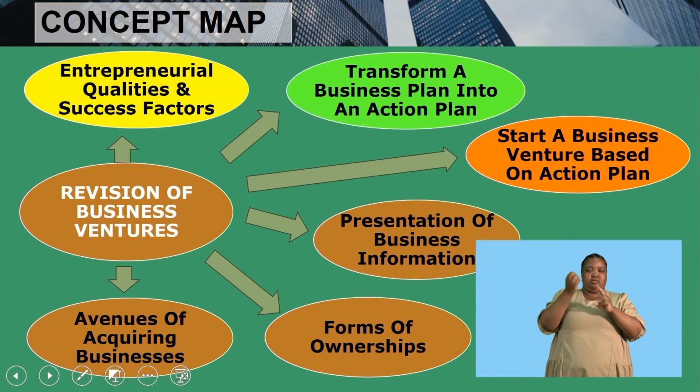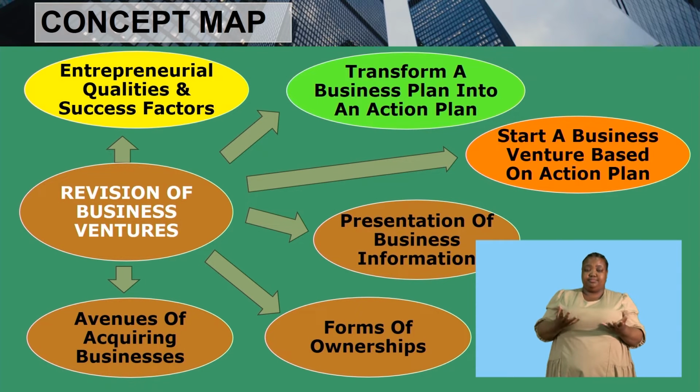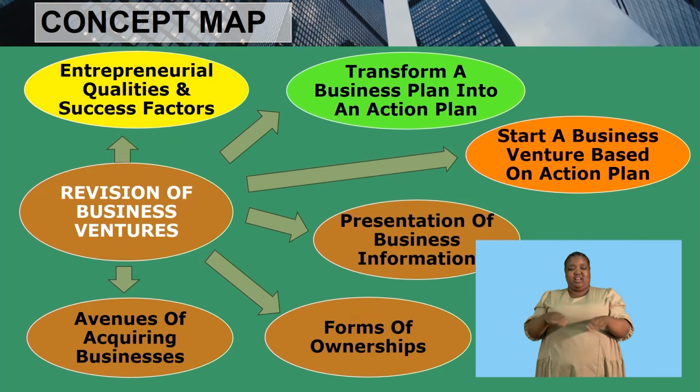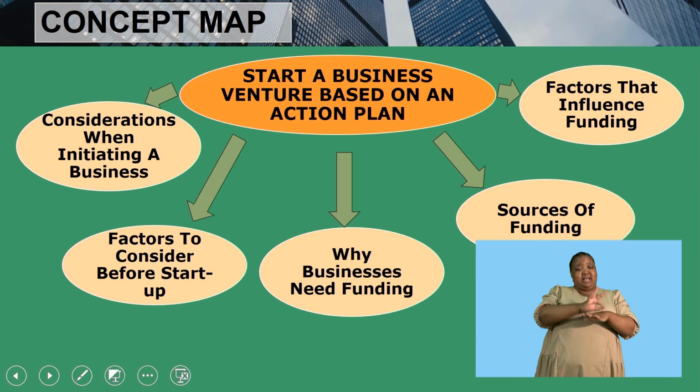Then we have what we call starting a business venture from an action plan. Remember that in the first part, we were only looking at transforming our business plan into an action plan. Now we want to start the actual business based on the planning that we have done.